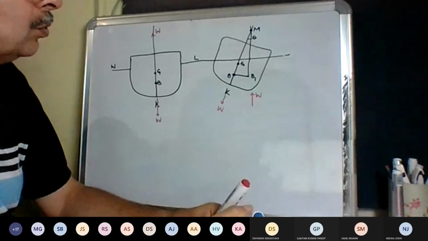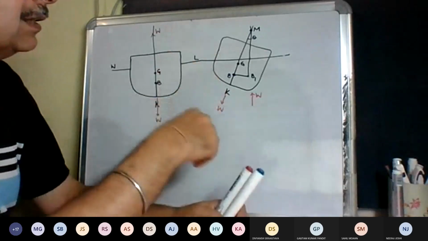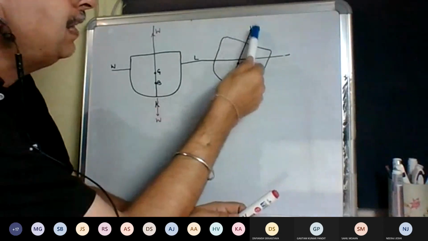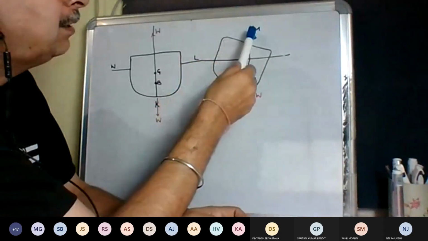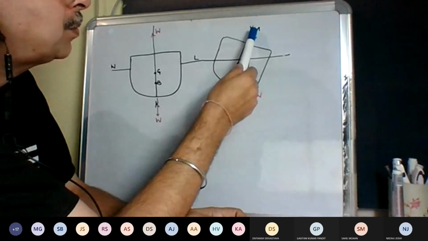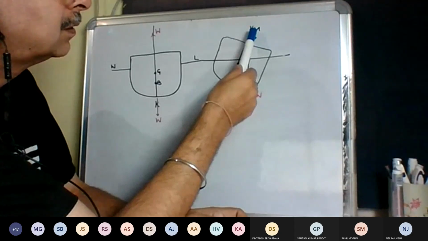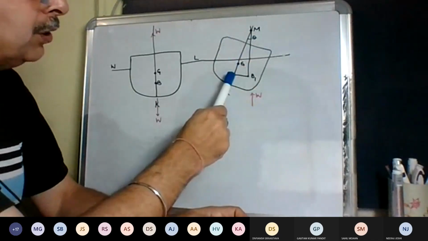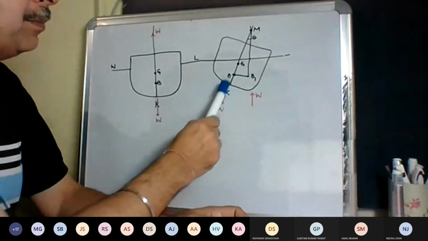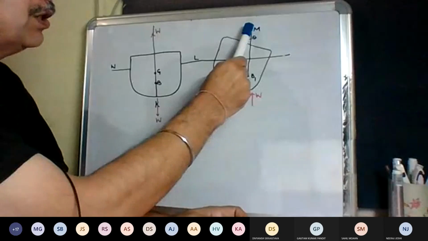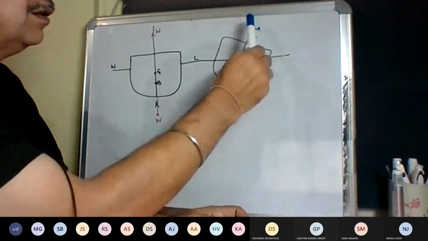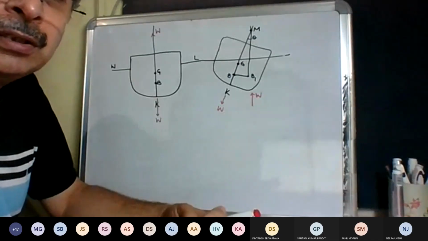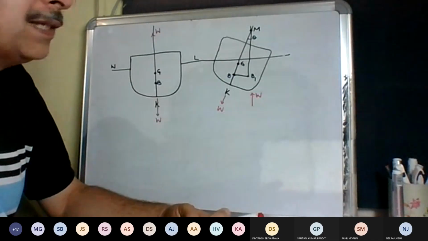So what is its importance? Basically, how to define the metacentre. It is an imaginary point in space where the vertical through the center of buoyancy in the upright condition and through the center of buoyancy in the heeled condition meet. That imaginary point is known as the metacentre.